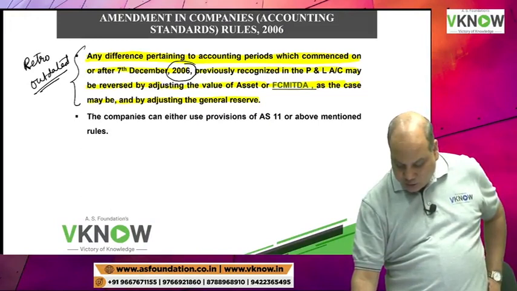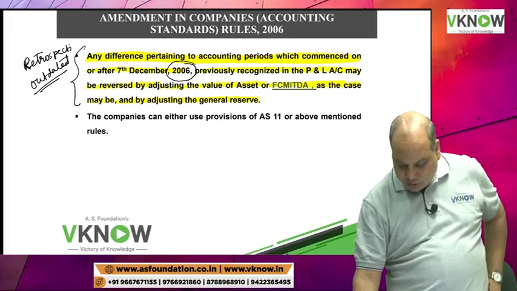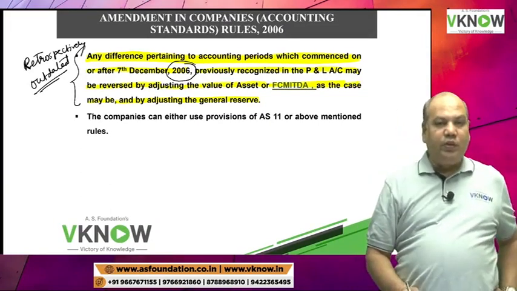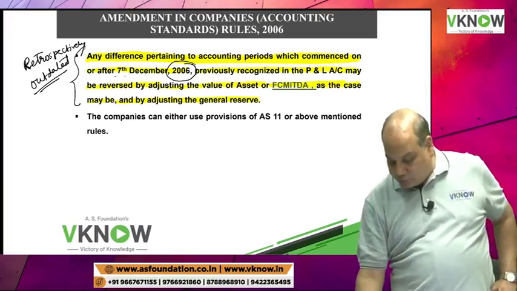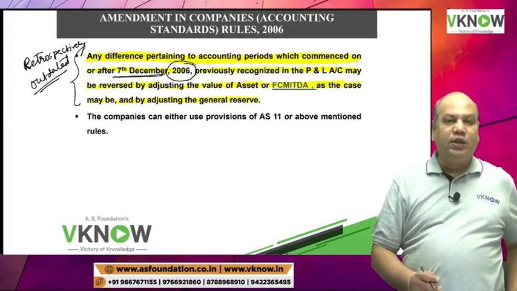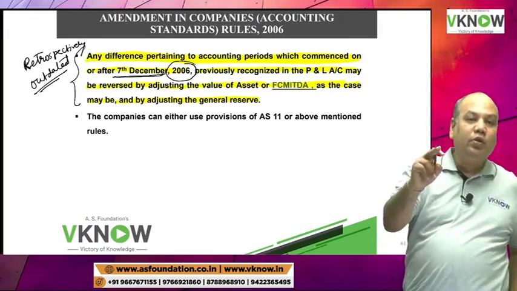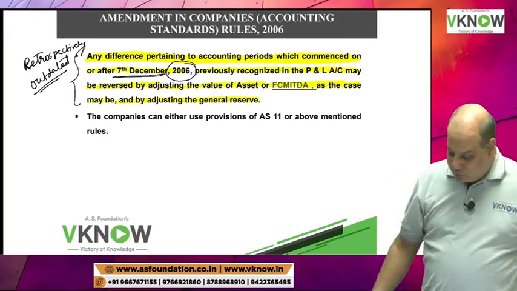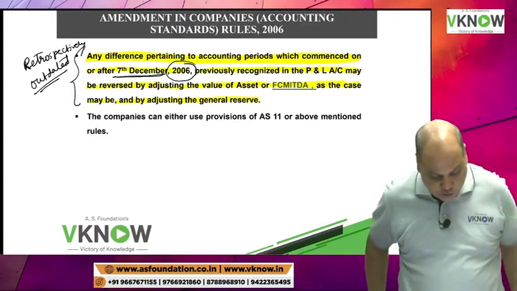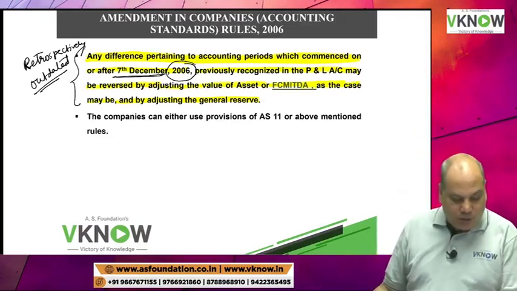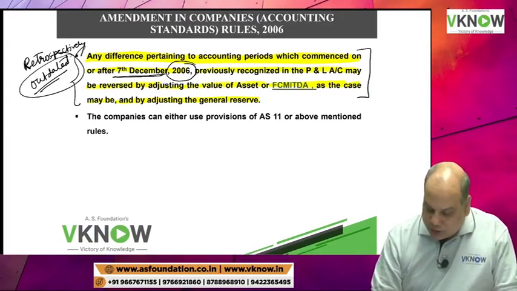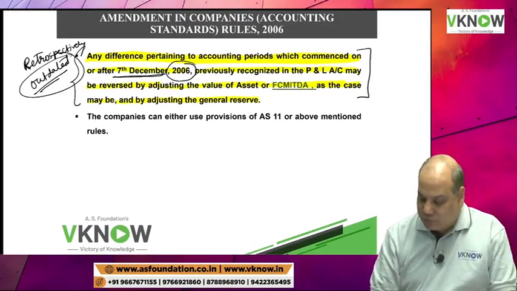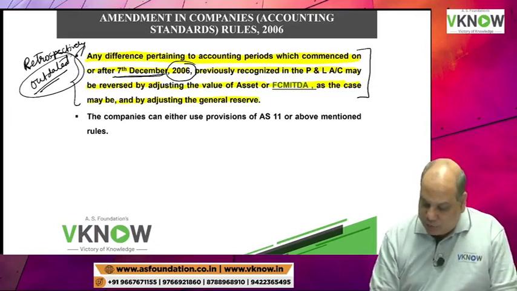Whatever exchange difference you had charged to the P&L account on or after 7th December 2006 will be reversed. But don't pay attention to this paragraph. It is useless now, because we are very far away from this date.